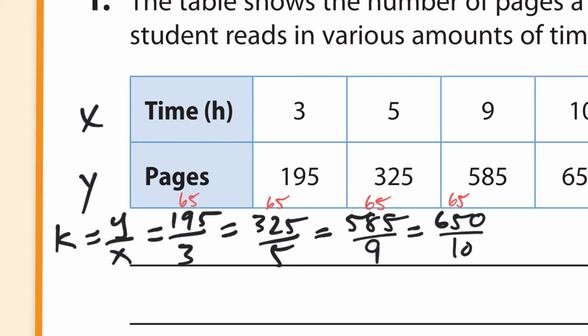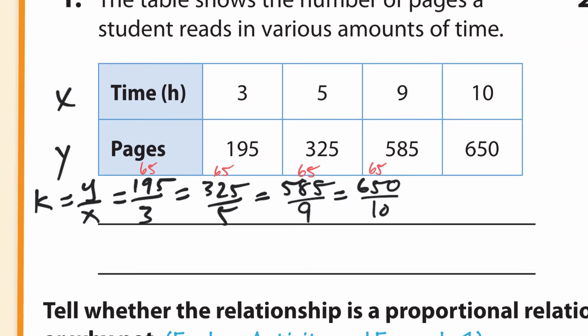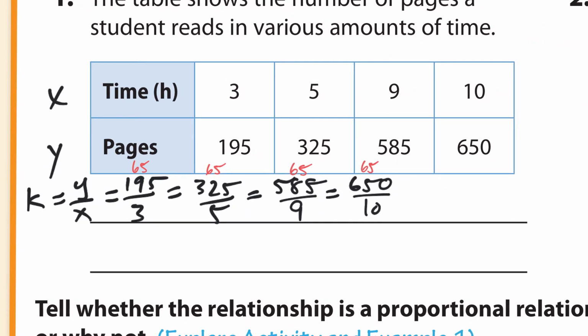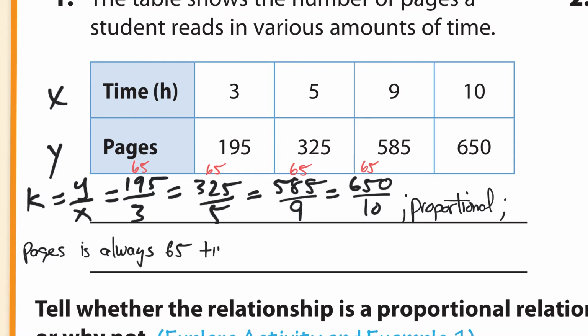So it is proportional. Pages is always 65 times the number of hours.